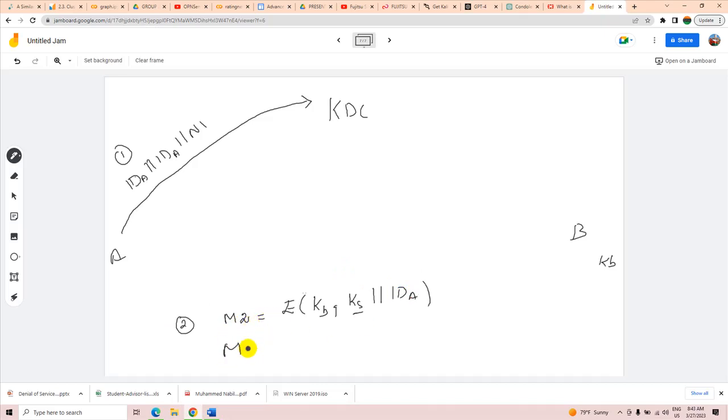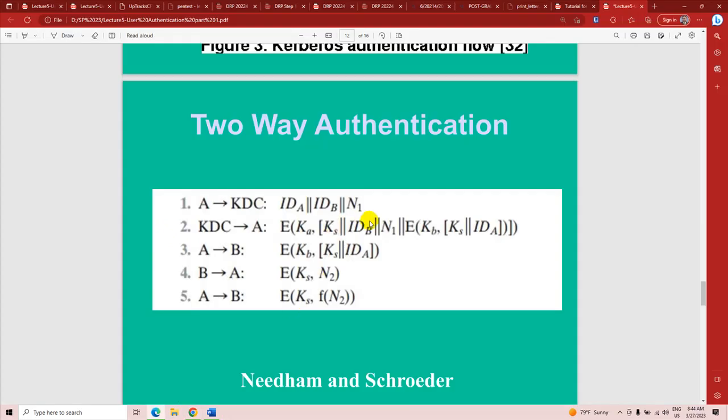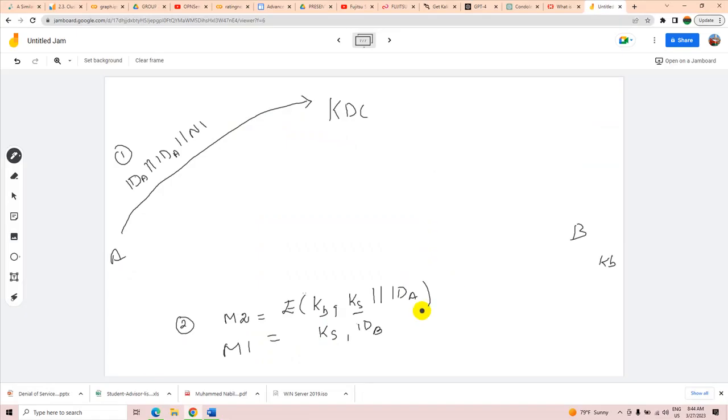Then message 1 would contain the session key for A. This could be used to communicate with B. Also it will send the nonce back.